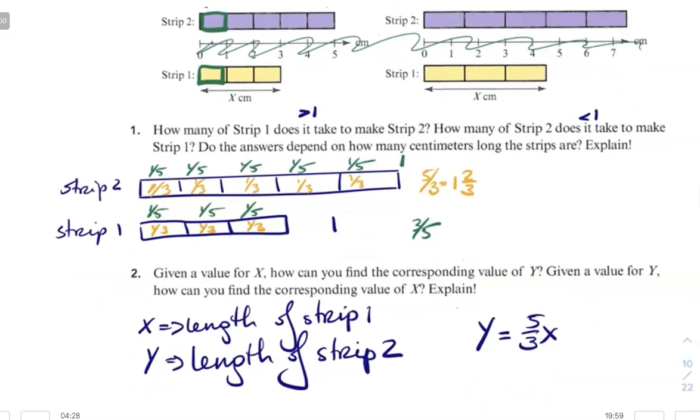What if you are given y and you want to find x? How many strip 2s do we need to make strip 1? It should be less than 1, so 3/5. The first equation says that to get y, we need to take 5/3 of x, and that 5/3 is greater than 1, so this is going to be greater than x. The second equation says if we want x, we take 3/5 of y.